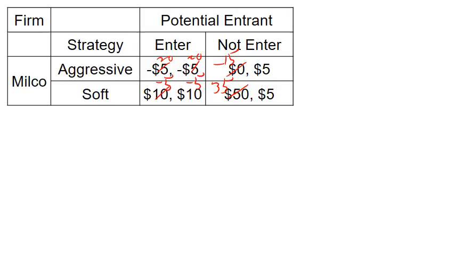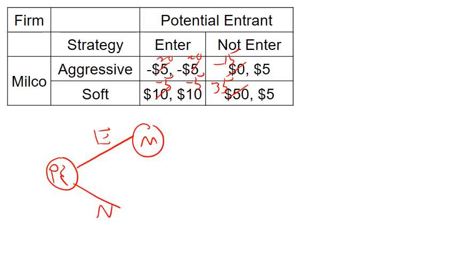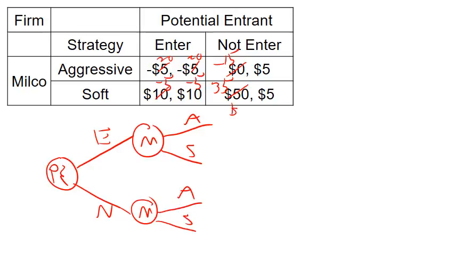So now we can draw the tree diagram again. Potential entrant moves first. It chooses whether to enter or not. Then Milko goes. It chooses between aggressive and soft. And again, these are the dollars to Milko, dollars to PE. Enter aggressive is going to give minus 20, minus 20.